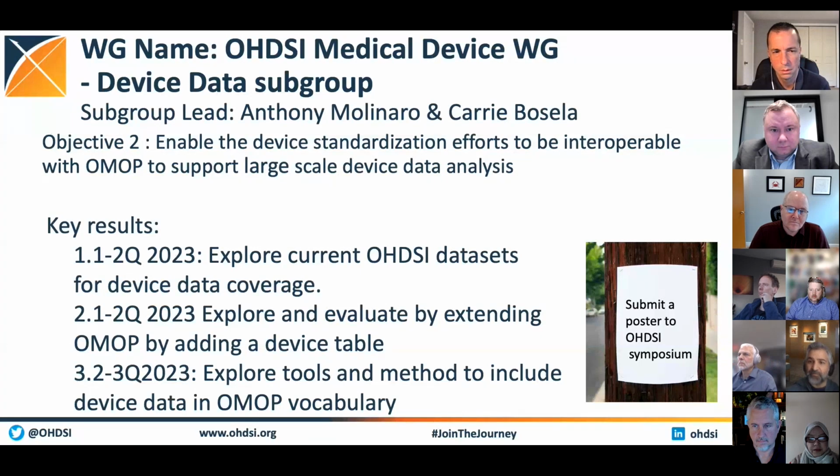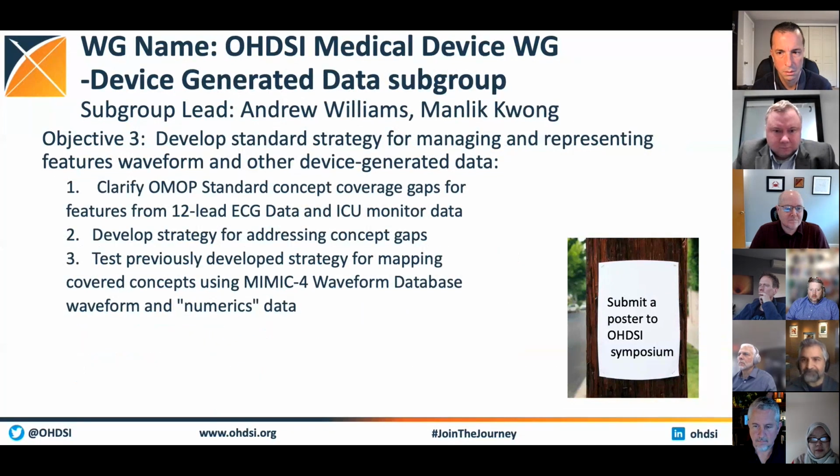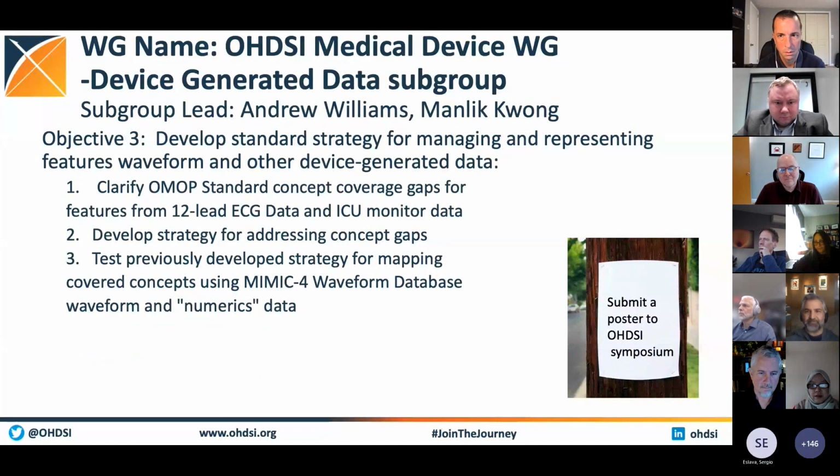So we'd love to invite people with device data to join our call and the CDM working group call to discuss if and in any way the current CDM is not in a format that's helpful for the structure of their data. And finally, explore tools and methods to include device data into the OMOP vocabulary. That's it. Thanks.